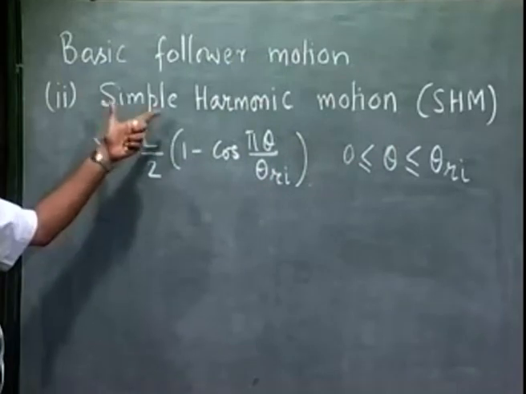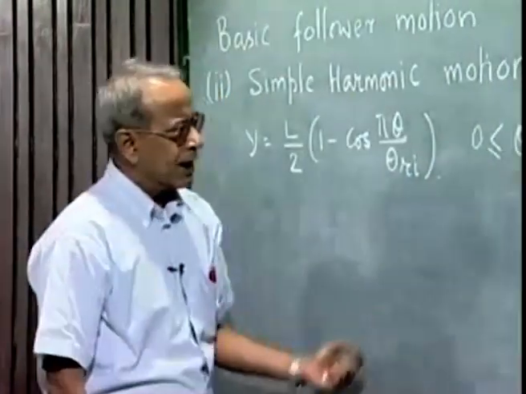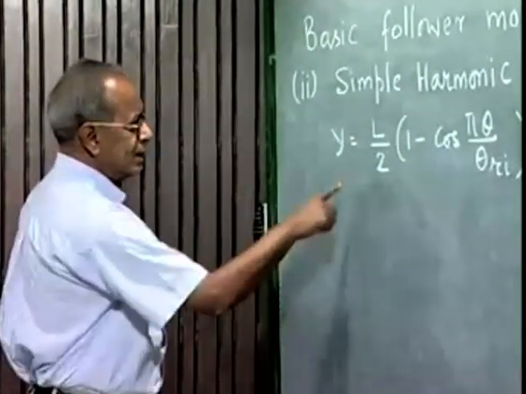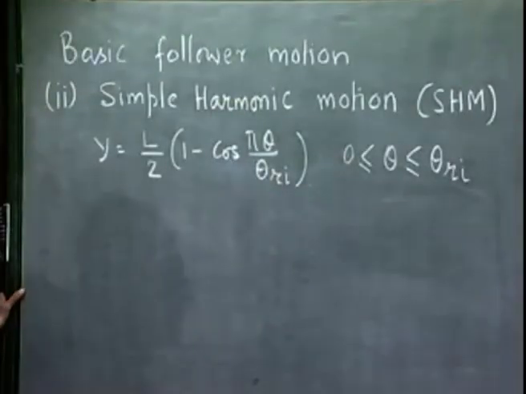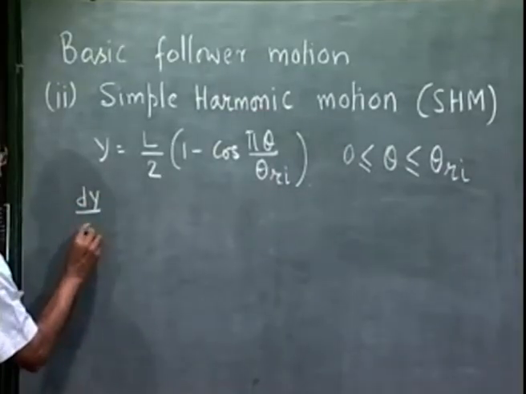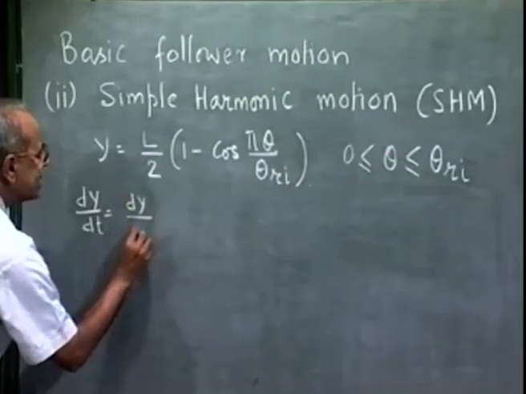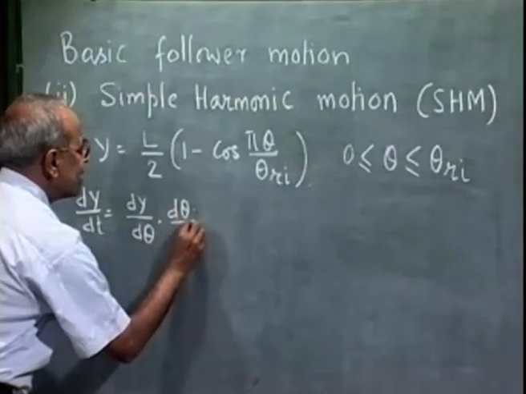In this discussion and all subsequent discussion, we will only discuss the rise phase of the follower. Now let us see, for this type of simple harmonic motion, what are the velocities and acceleration of the follower. As we know, velocity, which is given by dy dt, can be written as dy d theta divided by d theta dt.